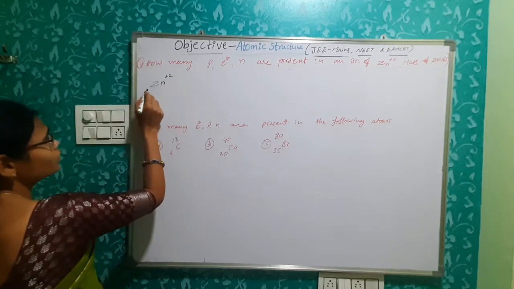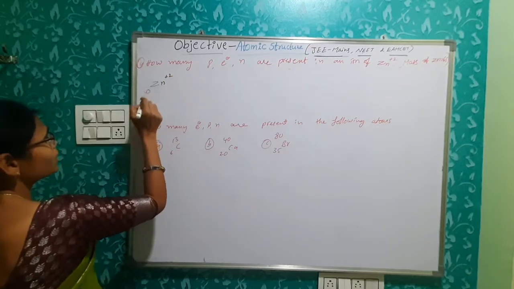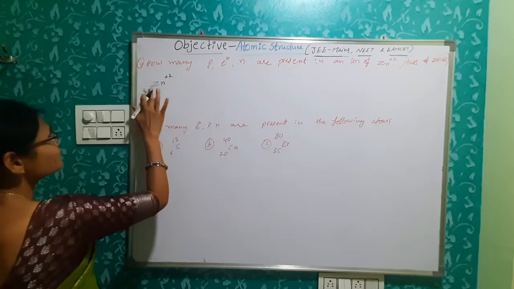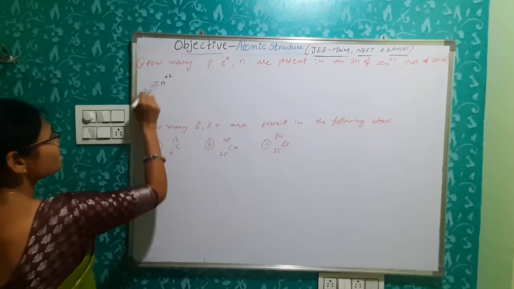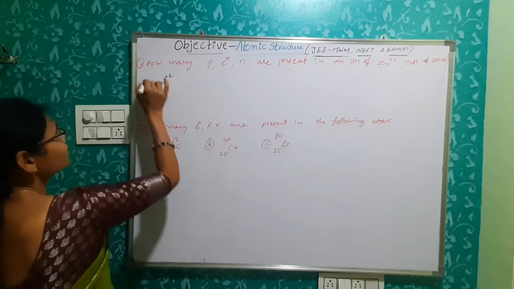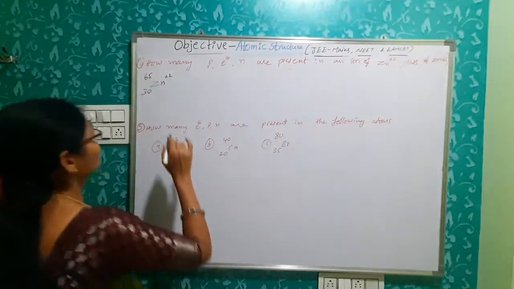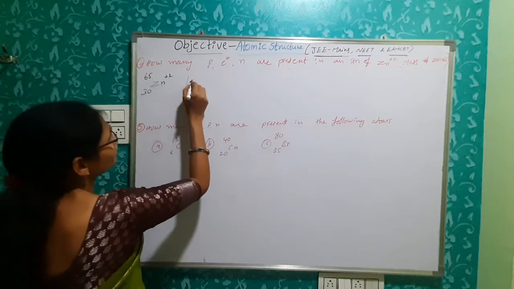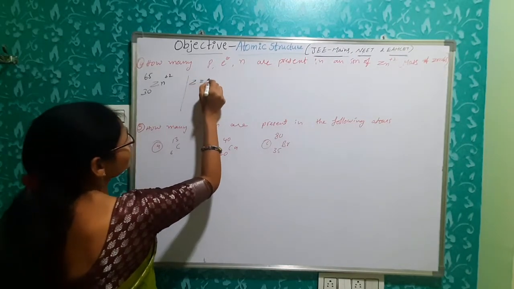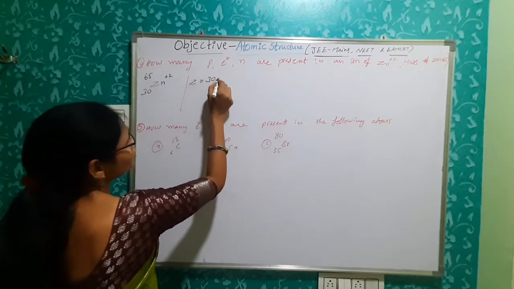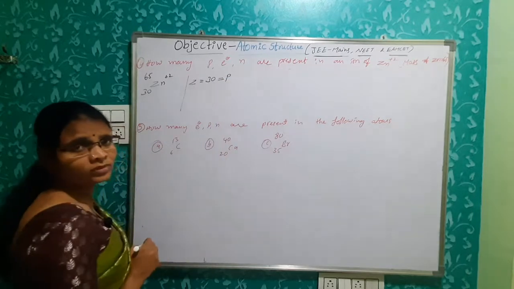What is the atomic number of zinc? 30. Okay, so mass is given as 65. Now find out atomic number Z 30, that equals the proton number.